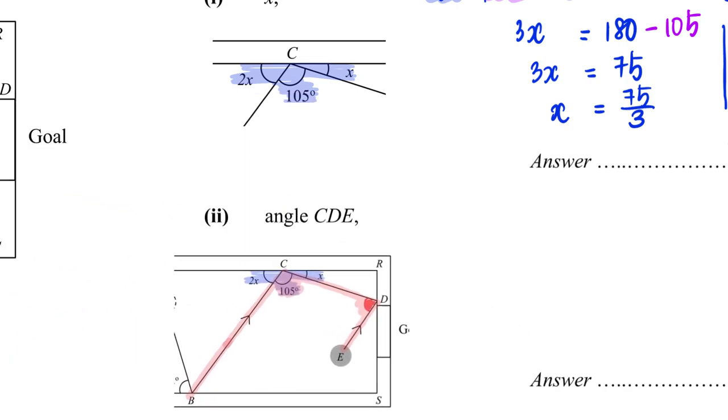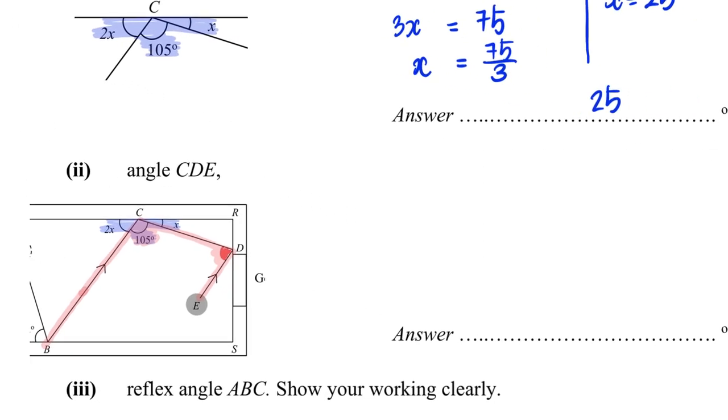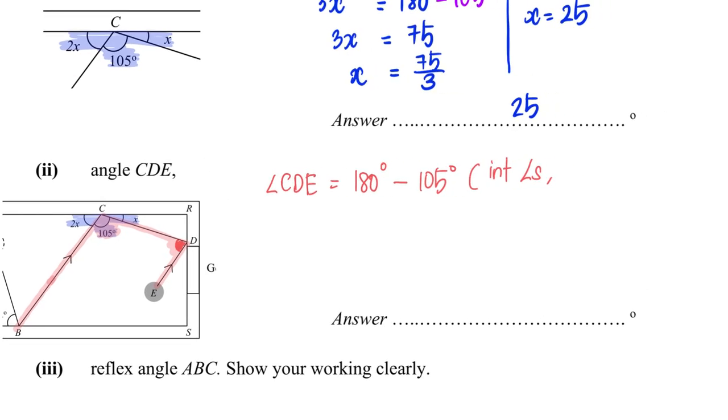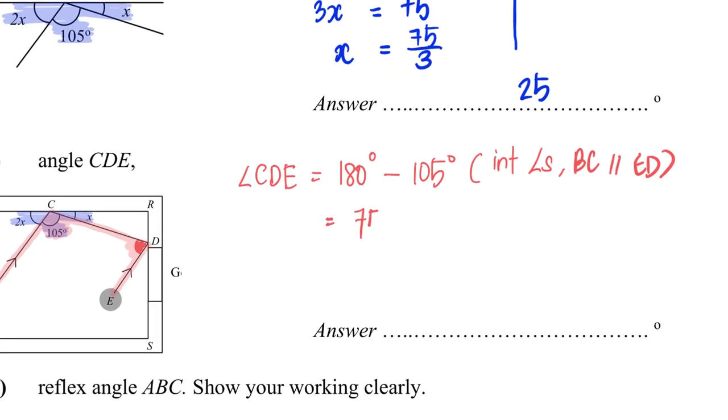Just make it slightly smaller as a diagram. Okay, so this means that I could tap on one of the properties of angles in parallel lines. So my angle CDE is simply 180 degrees minus 105 degrees, because they are interior angles with BC parallel to ED. Done.